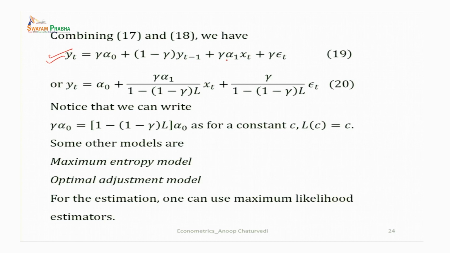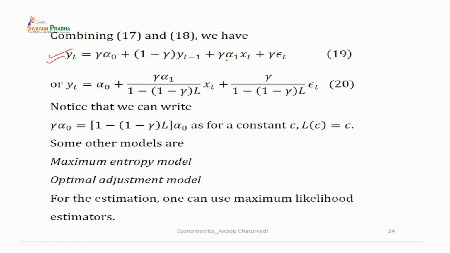And here you notice that for any constant c, if we take L c, then L c is equal to c, and therefore we obtain (1 minus gamma L) alpha naught equal to (1 minus gamma) alpha naught, and then this is equal to gamma alpha naught.